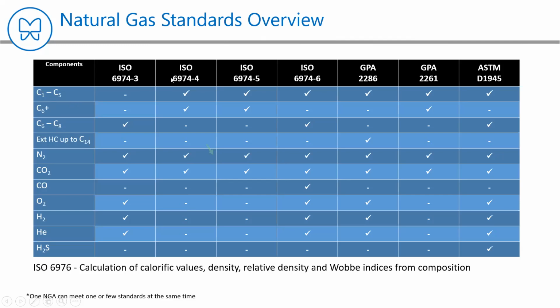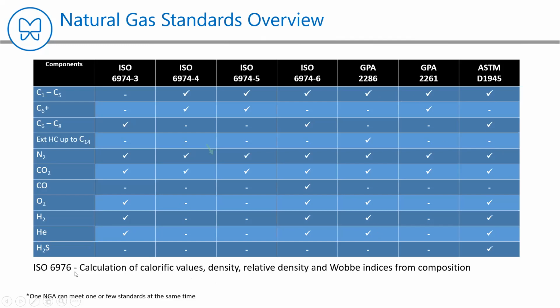Some standards need to measure only up to C6 or C7, C8. Some standards require reaching the high hydrocarbon level. Some standards require measuring hydrogen and helium as well, and some standards require almost everything.